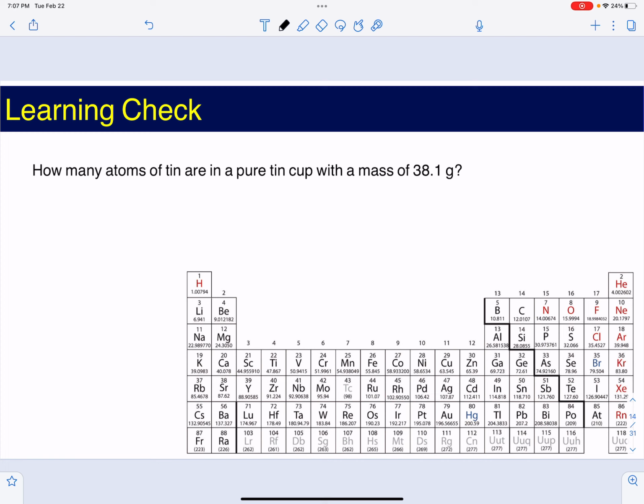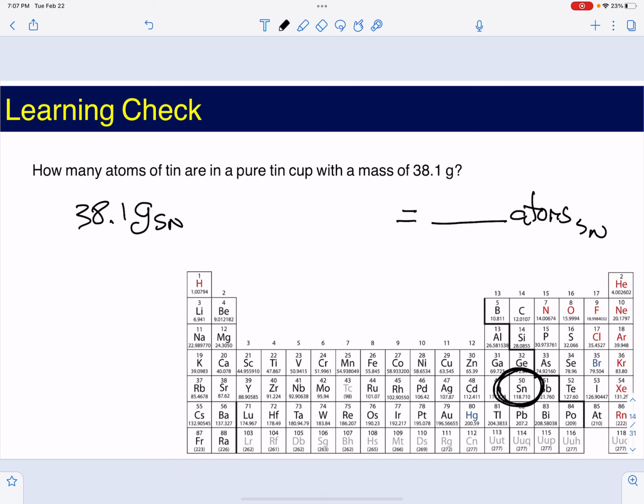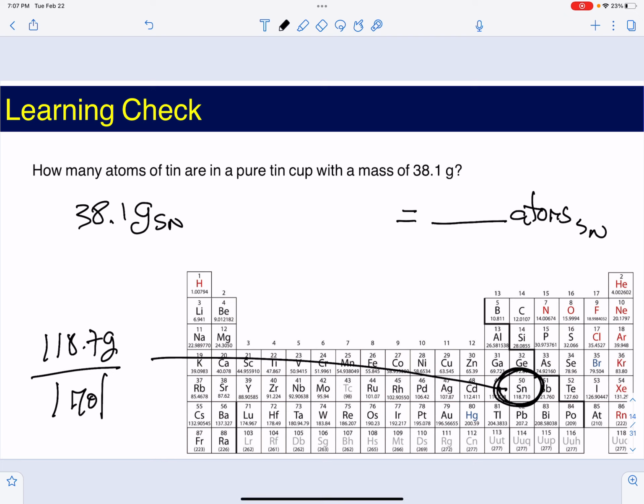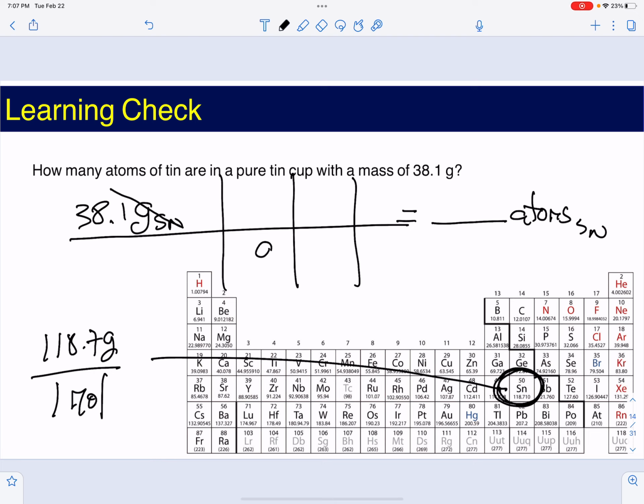So let's do another one. How many atoms? So I'm still looking for atoms. Atoms of what? Of tin. Given what? Given 38.1 grams of tin. So we're looking for tin, which means 118.7 grams for every 1 mole, or grams for every 6.02 times 10 to the 23rd atoms, right? So let's do it the simple way with 2 steps. I do not want the grams because I'm looking for the moles.